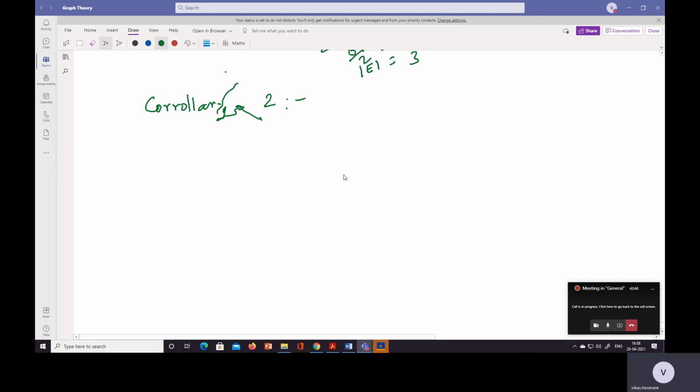Corollary 2: in a graph G, degree of each vertex is at least k.